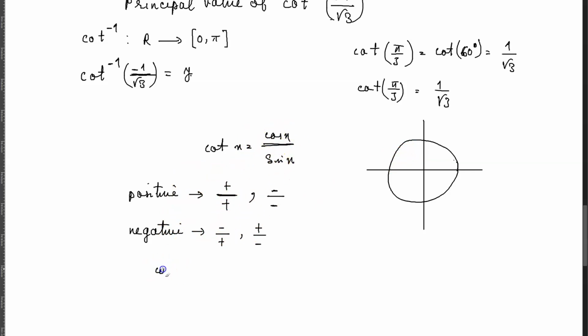So either the cos of x is negative and the sine of x is positive, which is this first case over here, or you can say that basically the cos of x is positive and the sine of x is negative, right? So how can I find that quadrant? So cos of x negative, sine of x positive. So cos of x over here is negative and sine of x is positive. That is the third quadrant.